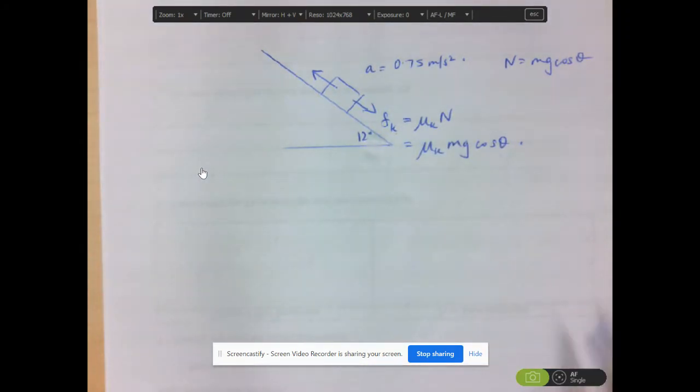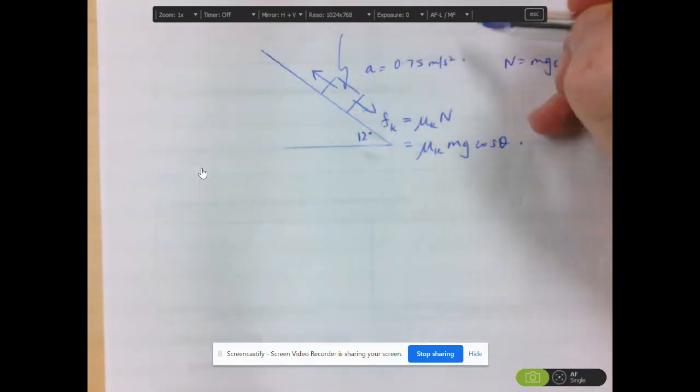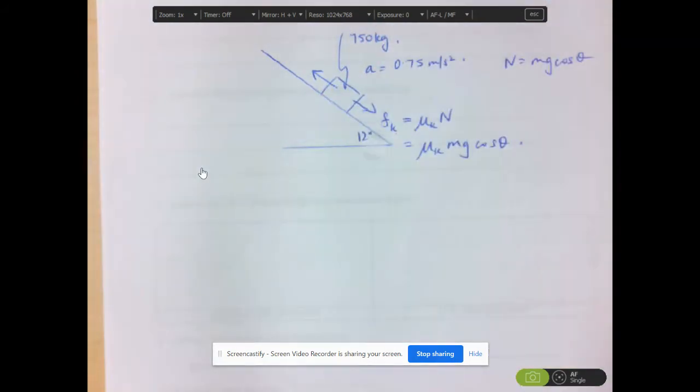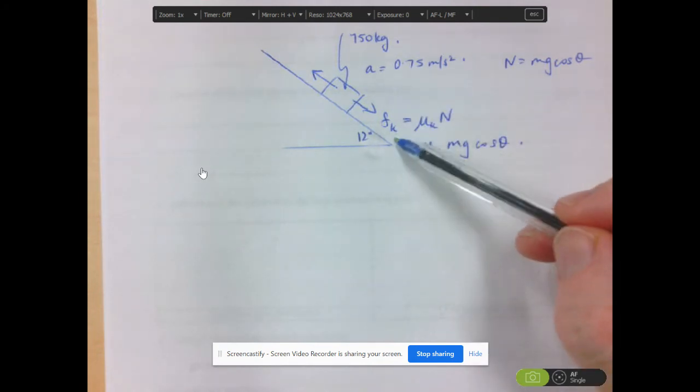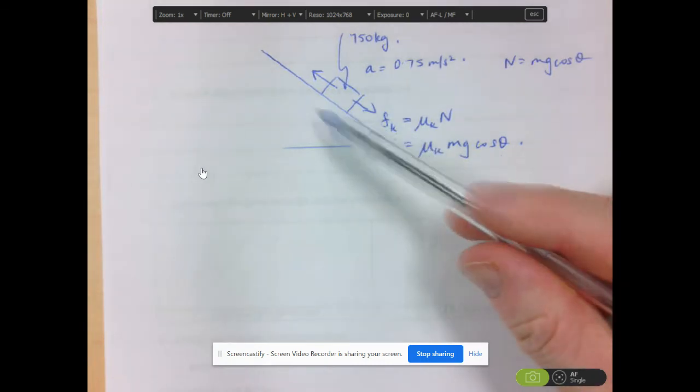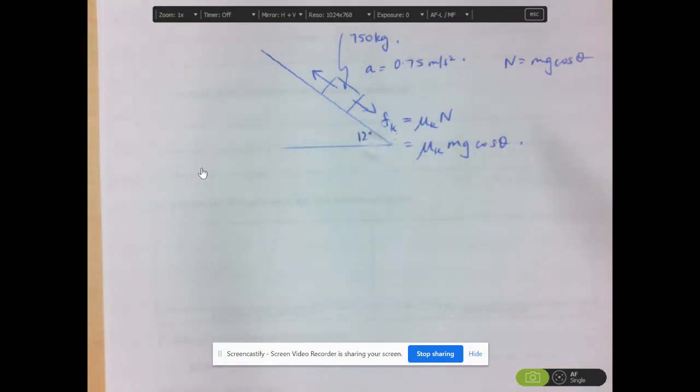We know that the mass of this car is 750 kilograms. Right, we've probably got enough now to answer the first part. Part one was why is it down the plane? Simply that friction must oppose motion. So if the motion is up the plane, then the friction must be down the plane.